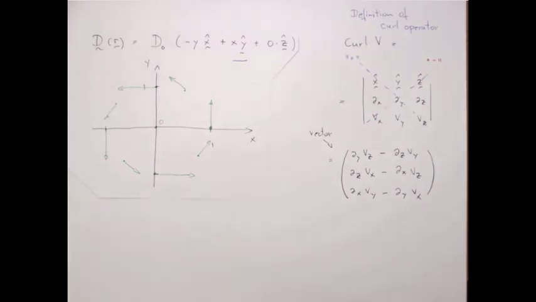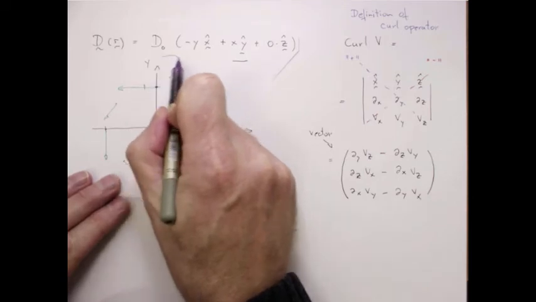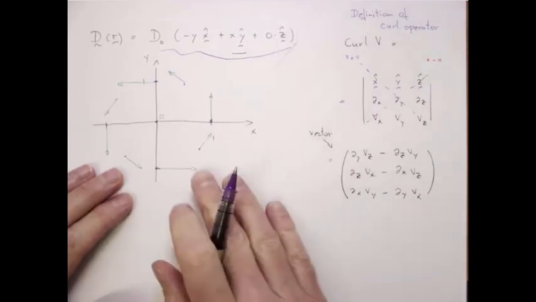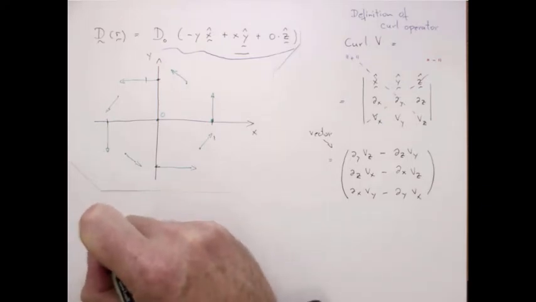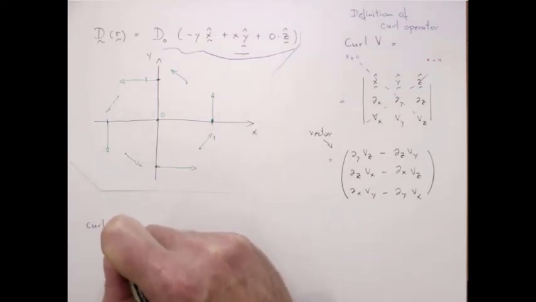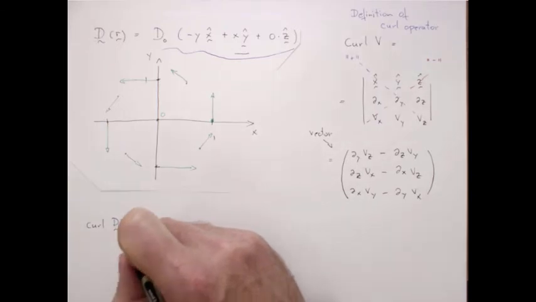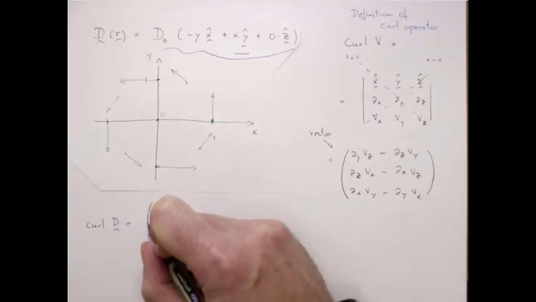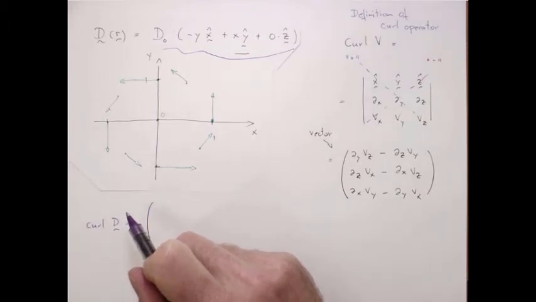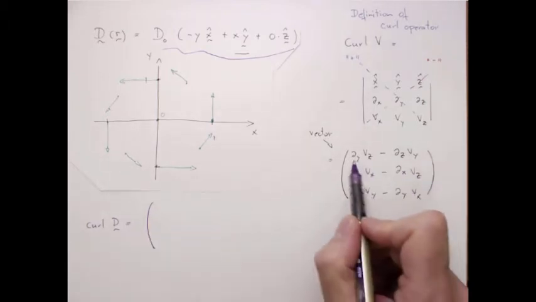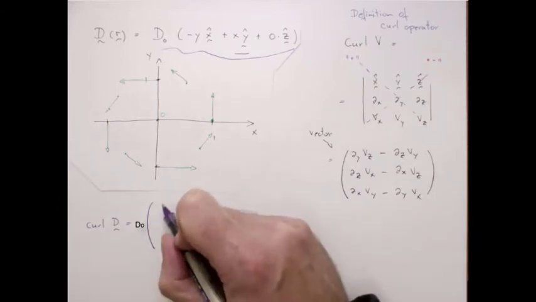That's the general definition of the curl operator. If we apply that to our case here, we obtain the following. The curl of our example vector field D is a vector, and it has an x component where we have to take dy of vz, that's a 0.